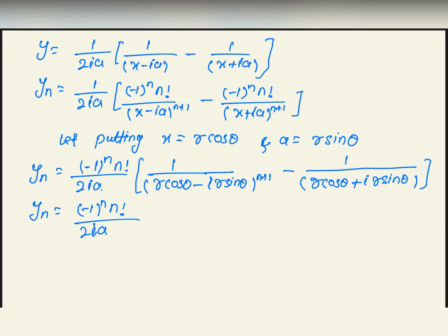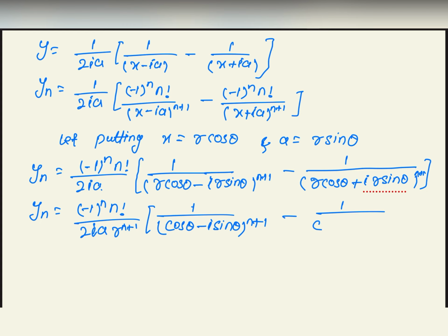आप देखेंगे यहाँ पे r और r to the power n plus 1 कॉमन आ रहा है, so r to the power n plus 1 कॉमन। So 1 by (cos theta minus i sin theta) to the power n plus 1 minus 1 by (cos theta plus i sin theta) to the power n plus 1.